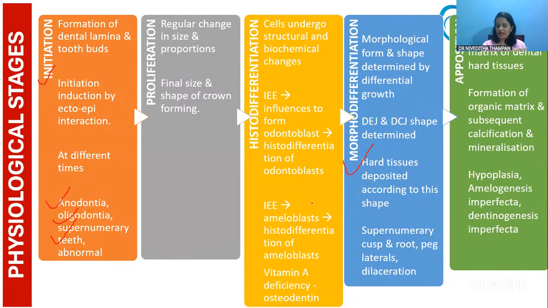They are getting mineralized at this stage. Any problems at this stage will lead to amelogenesis imperfecta, dentinogenesis imperfecta and similar problems. You will study these pathologies in detail in oral pathology, but you should know which stage of the tooth is getting affected, leading to the formation of that particular pathology.